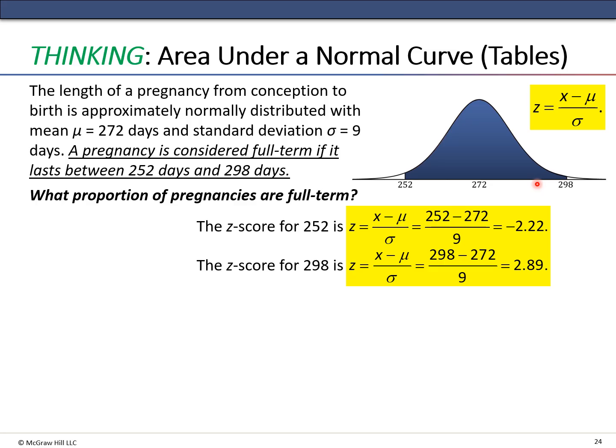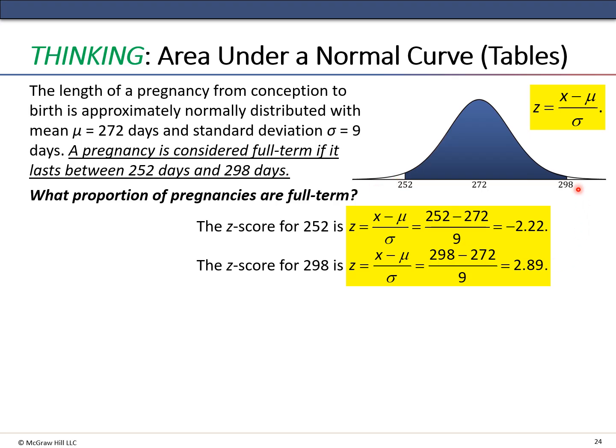Well, we have two z-scores. We have to calculate those, right? And then we can find the area to the left. Well, notice what we're actually looking for. The area to the left of 298 is actually this total area to the left, including this little piece to the left of 252.